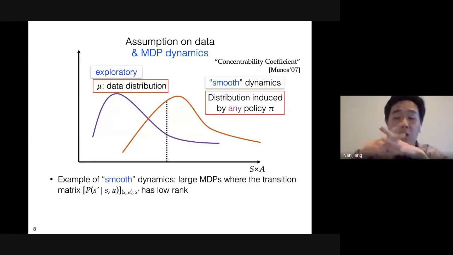And if you want one canonical example of such smooth dynamics, one typical example I usually think of is large MDPs where you put the transition probabilities into an SA by S matrix. When this matrix has a low rank stochastic factorization, it is easy to show, actually we show in the paper, that there always exists a data distribution that has small concentrability coefficient that is upper bounded by the rank of this matrix. Okay.